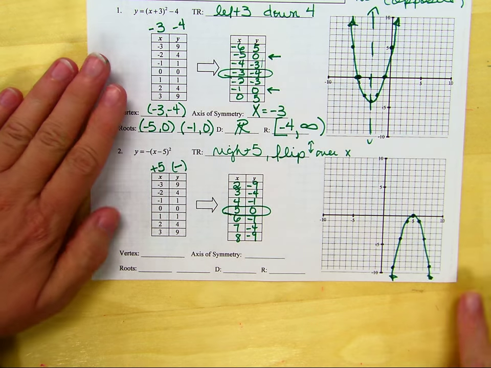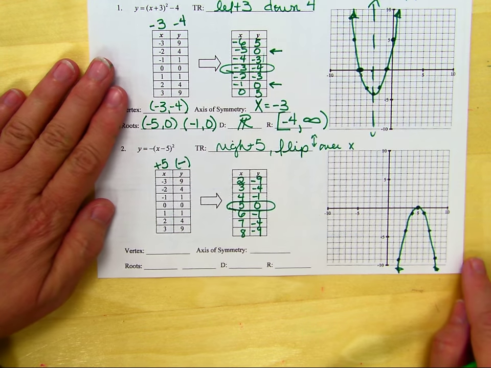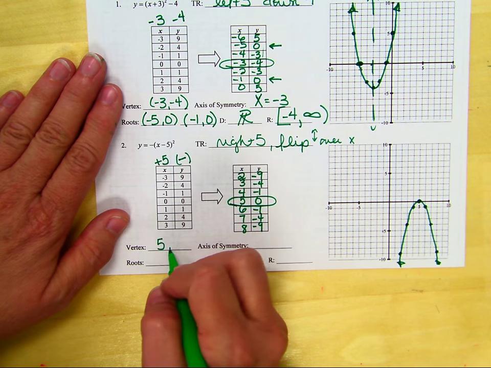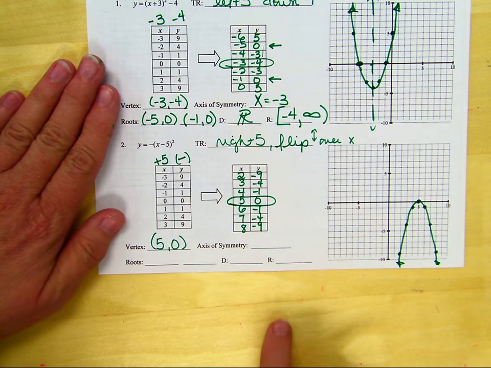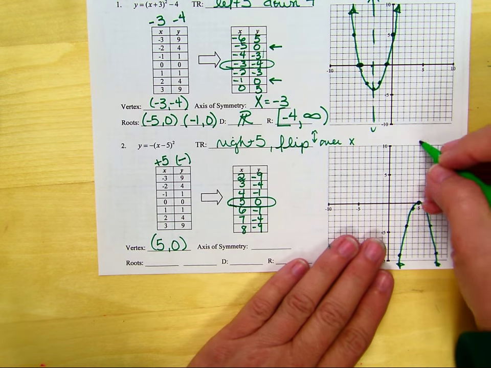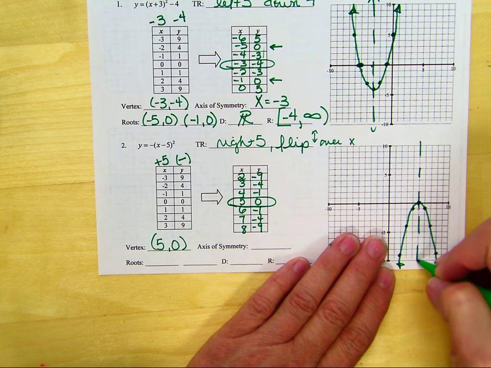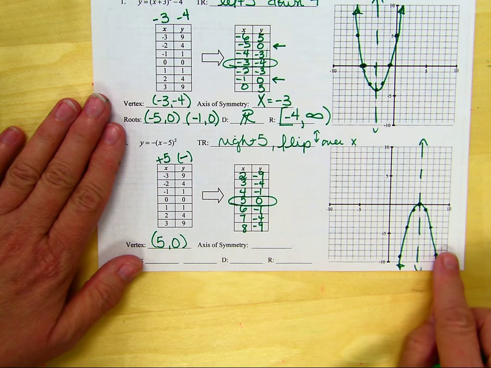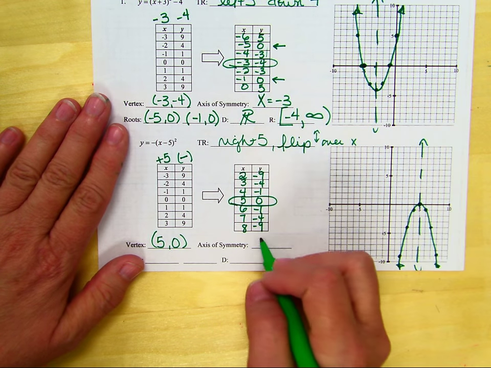I see that it moved right 5. Vertex, 5, 0. Axis of symmetry, let's go ahead and draw it. Goes through the vertex and divides the parabola in half. That crosses the x-axis at 5. X equals 5.